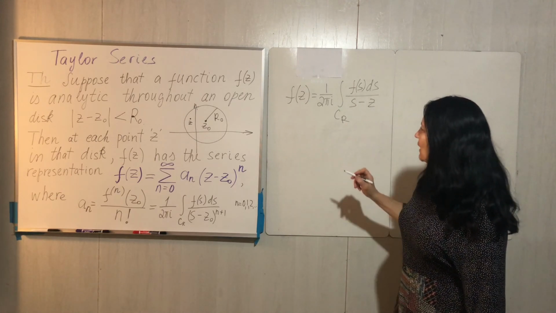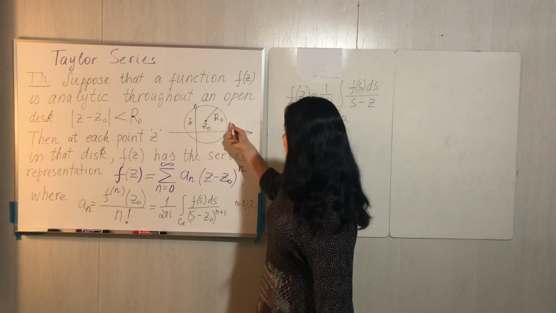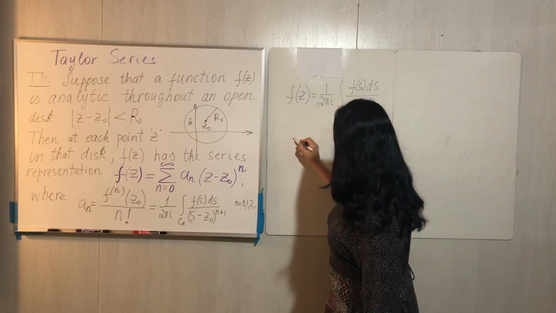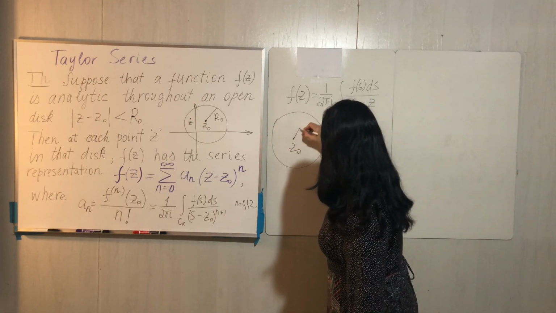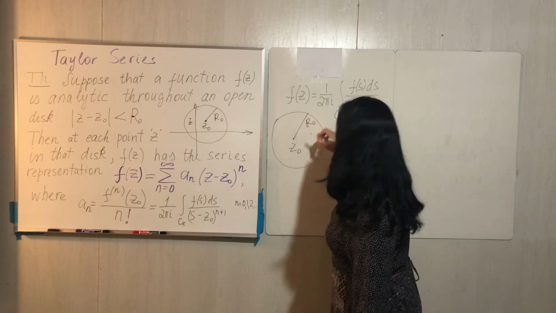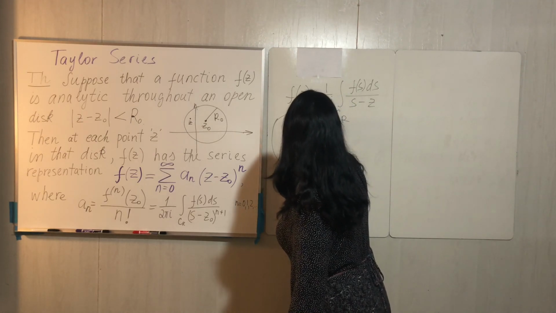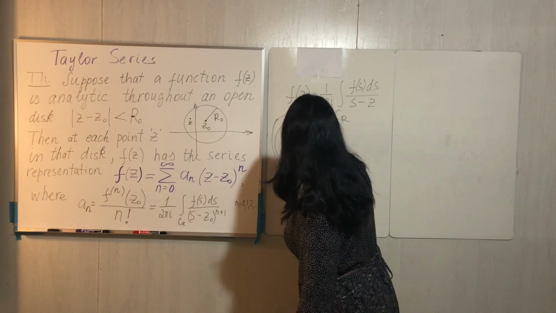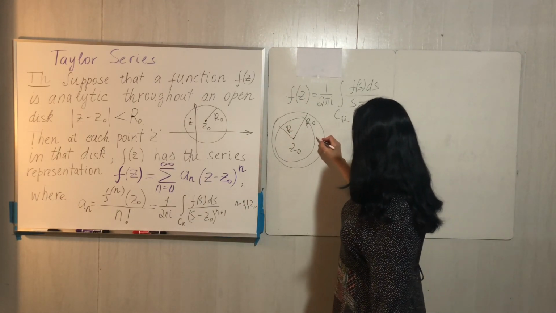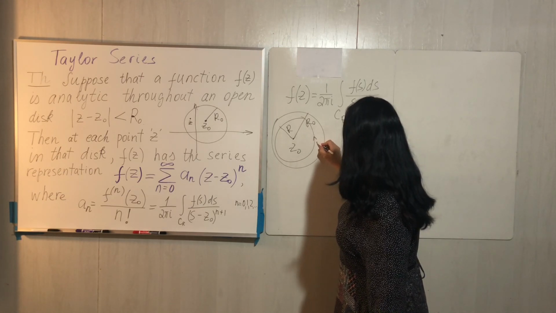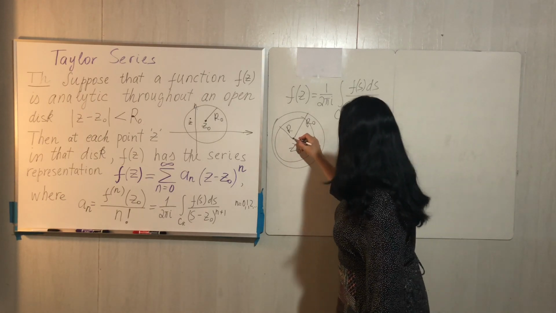So what is C_r? Now let's make a picture. First we have this disk centered at z sub 0, and the radius of this disk is r_0. And then we have a small circle with radius r, and that would be our contour C_r, traced in a positive direction.